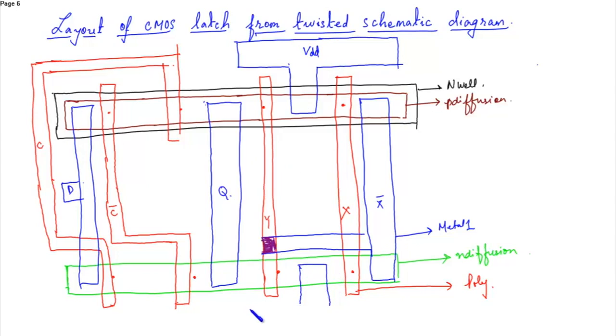This is nothing but the source part. This is ground. Now this X is connected over here and over here. So I can do one thing.